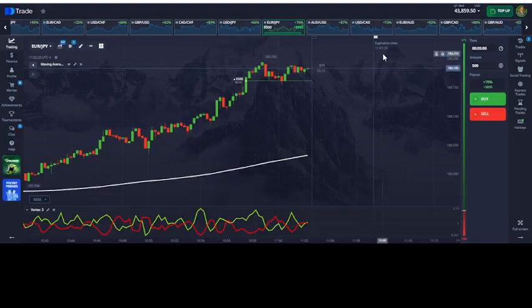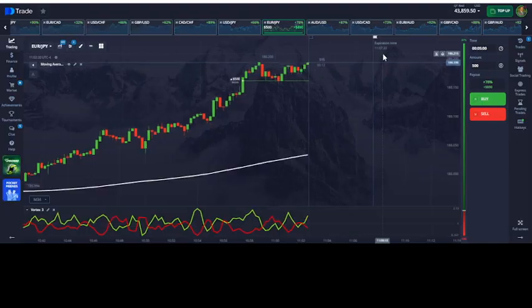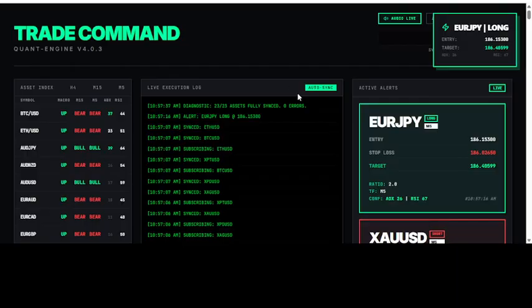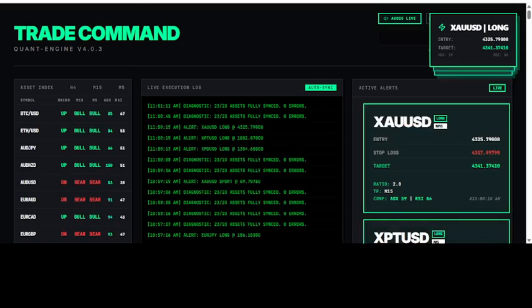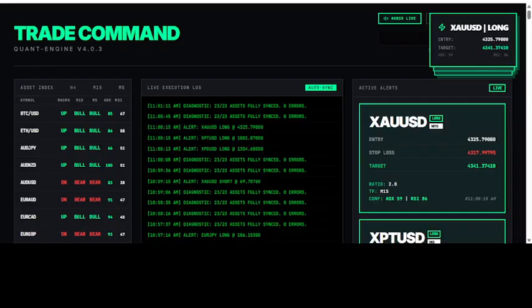We just have a few seconds left in the trade. Okay, great. So that trade was also in the money. Just go back here. This was the signal that the quant engine generated. All right, so I'm going to pause the video and wait for our next signal.